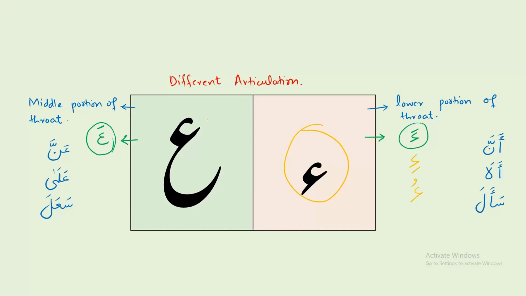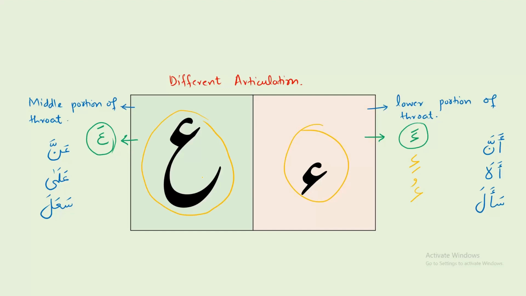But the ain alphabet comes from the middle portion of our throat, right? And for this ain, we have to put in a bit of effort in the muscles of the throat. The muscles in the middle portion of our throat get constricted, they get tightened a bit.